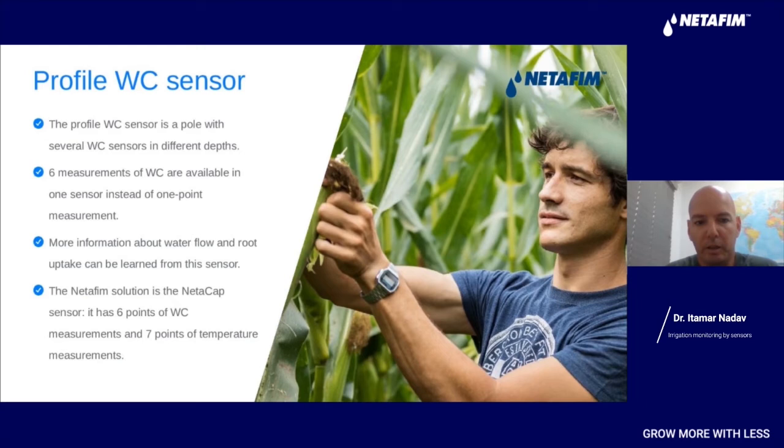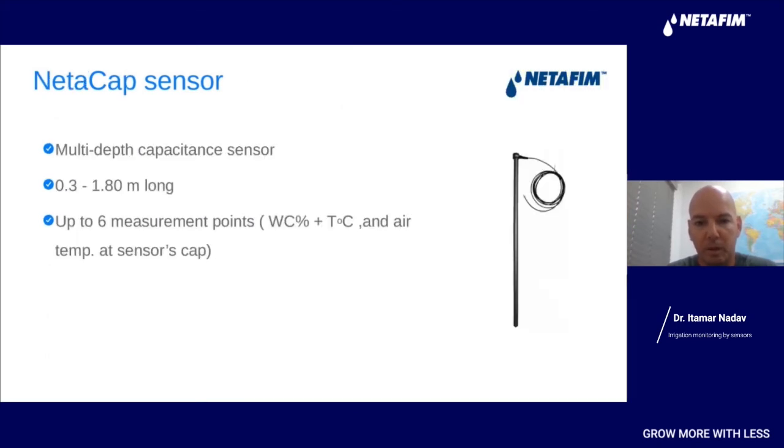And here at Netafim, we're using the NetaCap sensor, which has 6 points of measurement of water content and temperature, and another point of temperature measurement in the cap that actually measures the air temperature. So this is the sensor.